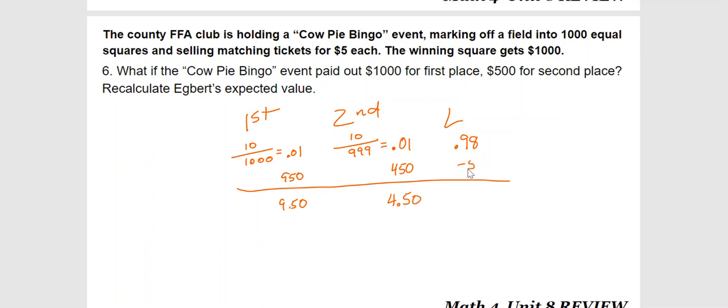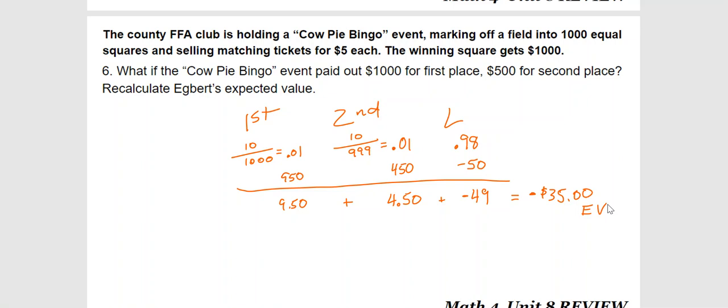And then here he's just losing $50, which means that he will technically lose 49. Now, by the time we put these together, that's going to make $14 to the good, 49 to the bad, which is going to be negative $35 expected value.